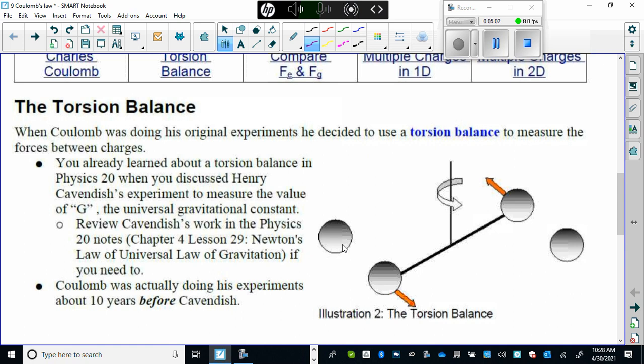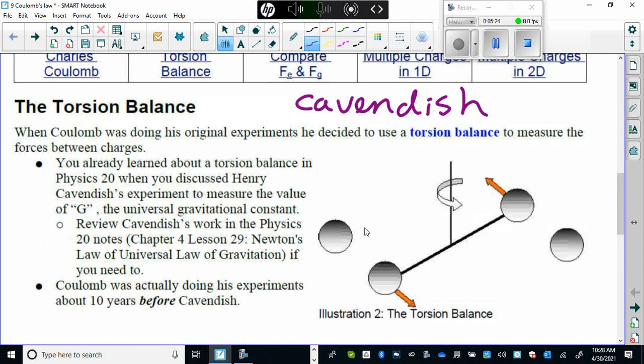How did he do this? Well, he used an apparatus very similar to what Cavendish used. He used a torsion balance. And we'll watch a video on torsion balances, or you should go to YouTube and watch a video on torsion balances just to remind yourself of how they work.